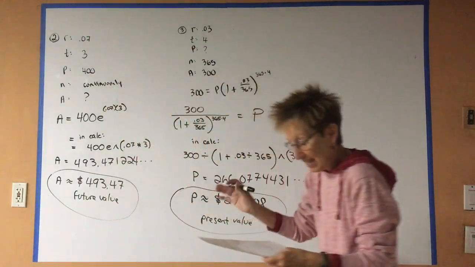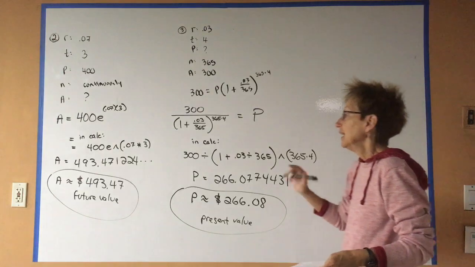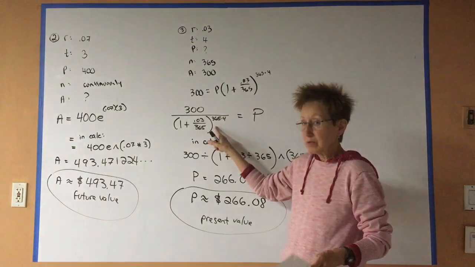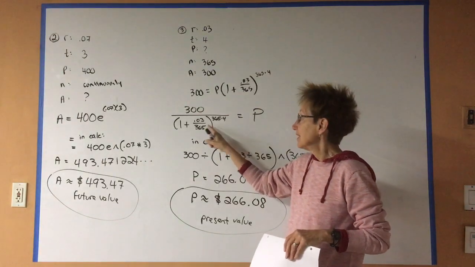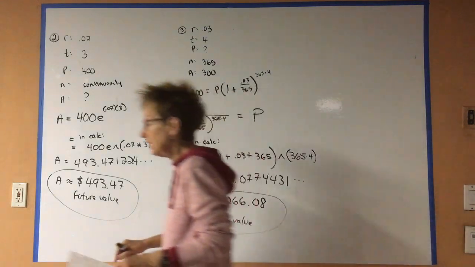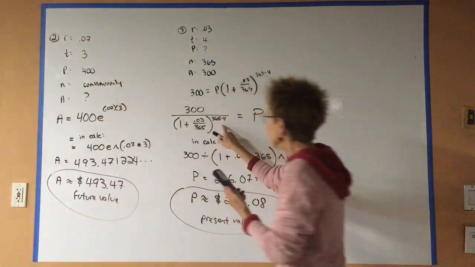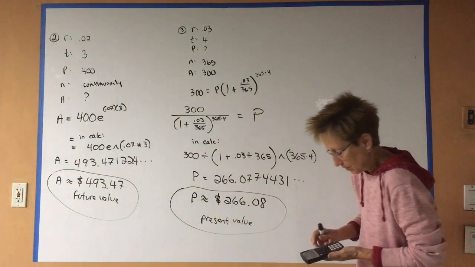So again, understanding which formula, understanding my calculator a little bit. I will tell you, sometimes what I do with this is I do figure this out separately. And then there's a key in your calculator. So if you figure out the denominator, so let me see if I can do this real quick.